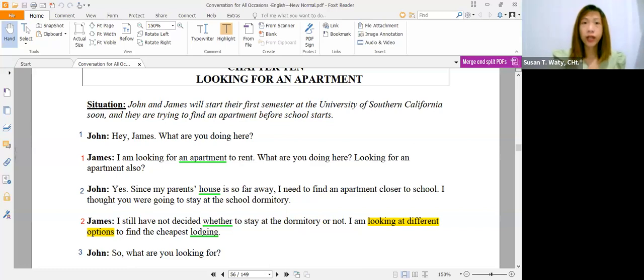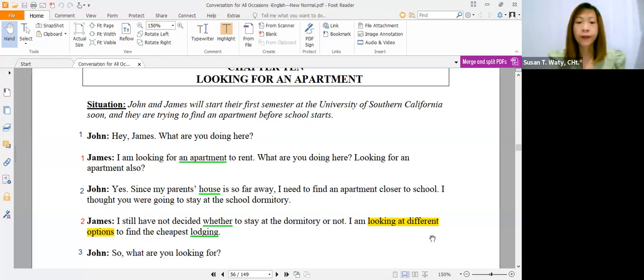Any question? Type in the chat. I'll try to explain while we're waiting for the rest of the participants to raise their hands. After the conversation, we'll continue with the grammar exercise of the chapter, which is about the negation, or the negative form of the verbs, and also the imperative sentences.